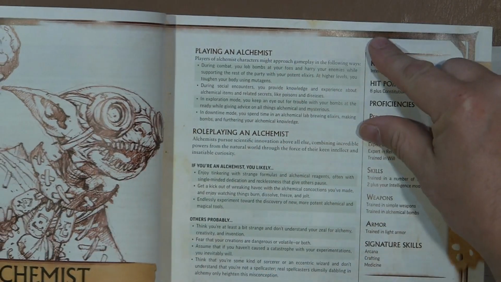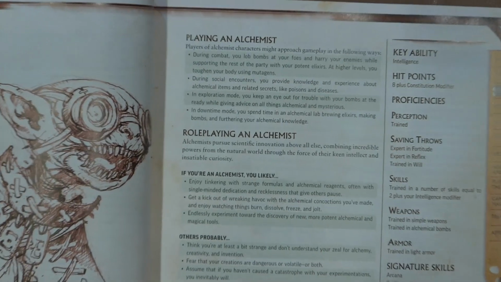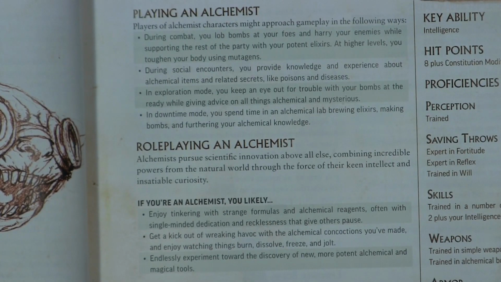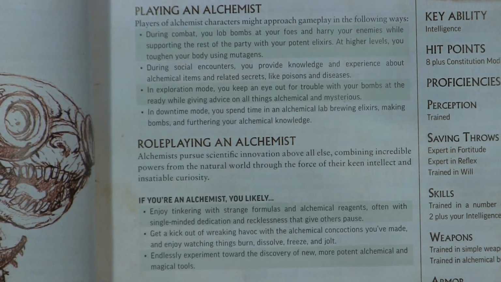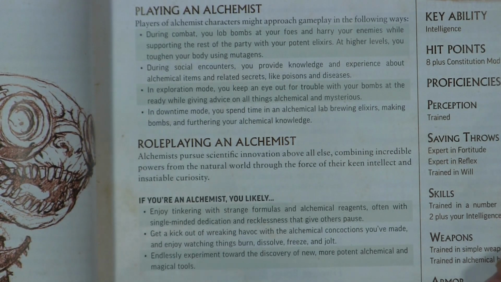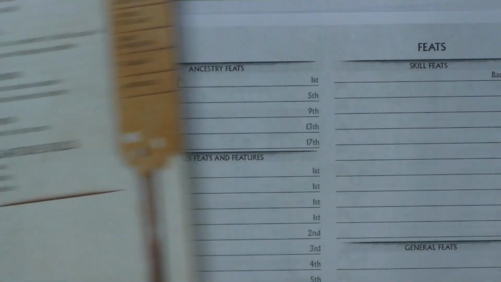And then there's playing an alchemist, which is basically things like your motivations, things that your alchemist likes to do, and then role playing is basically what the character or the class does for you and your party. It's kind of a fine line.